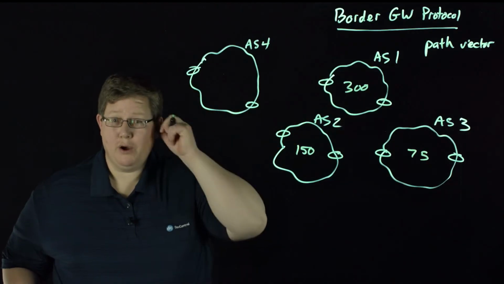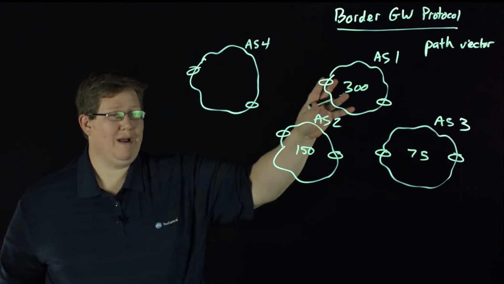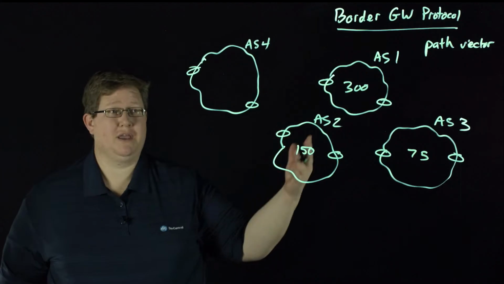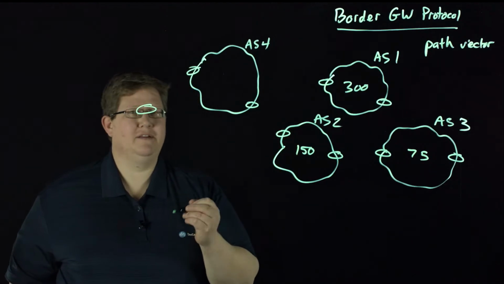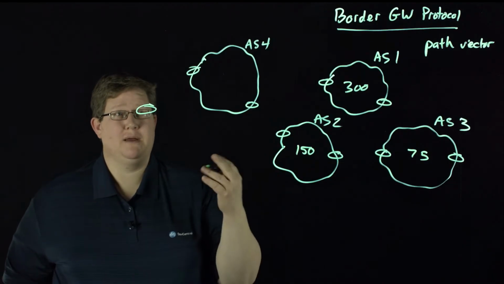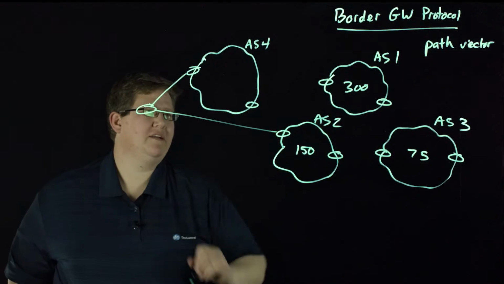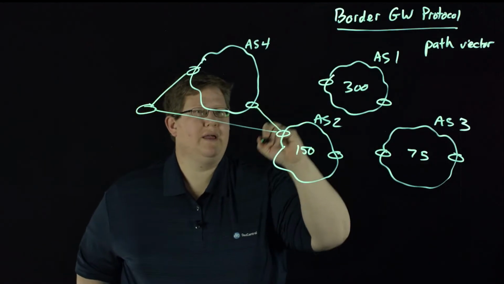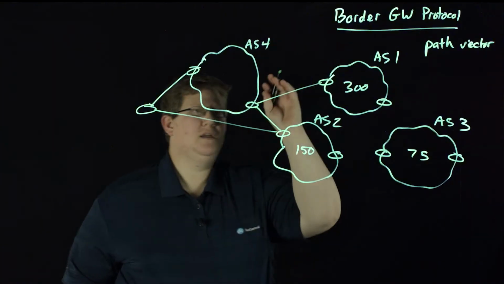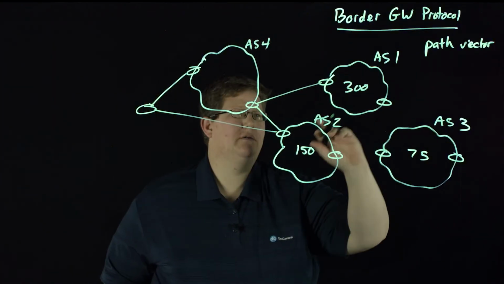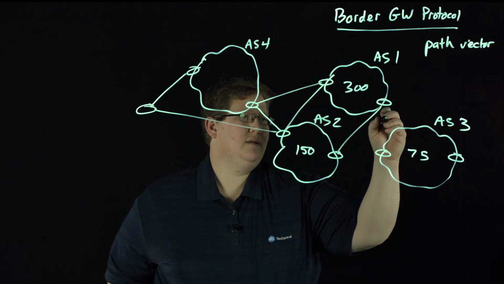From BGP's perspective you really don't know how many routers are within an autonomous system, because it's looking at the path. So if I have a router out here on the edge and say I'm a stub customer of AS4 and AS2, and AS4 has peering agreements with AS2, and AS2 and AS1 have agreements, and so on.